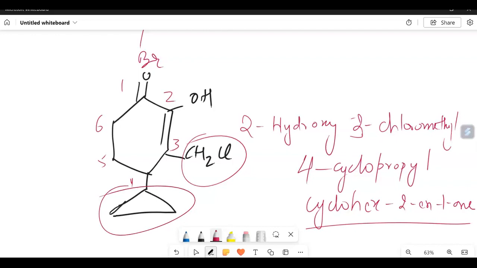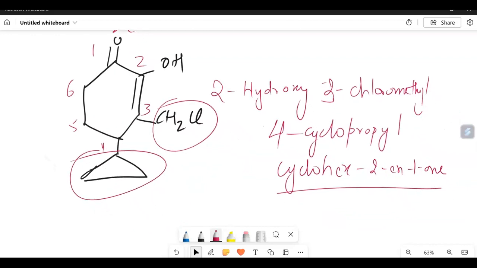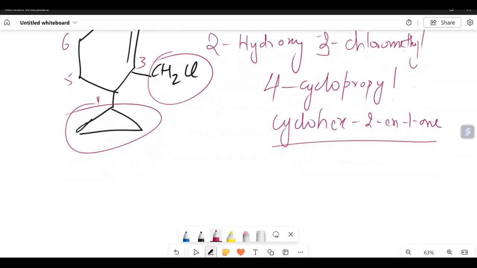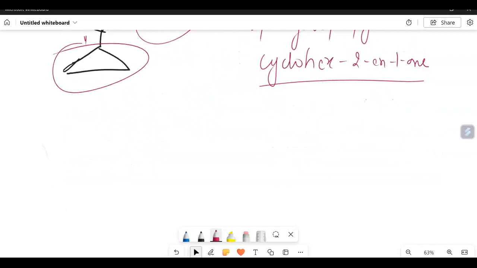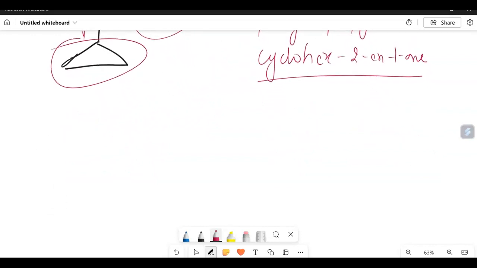This is the name of the compound: 2-hydroxy, 3-chloromethyl, 4-cyclopropyl, cyclohex-2-en-1-one. So this is the name of this compound. You can remember that. Okay. So yeah, you can name it like that.